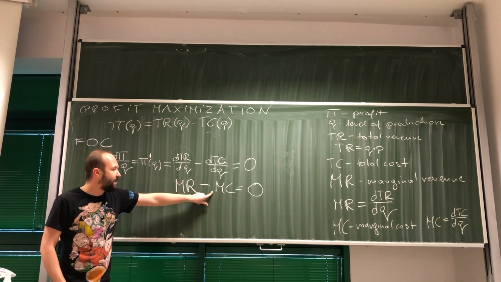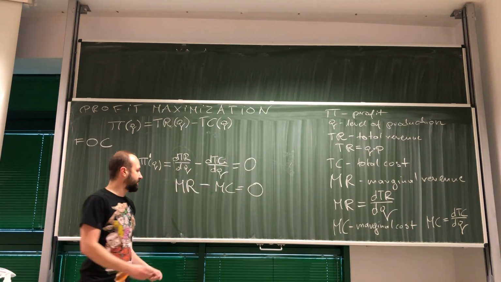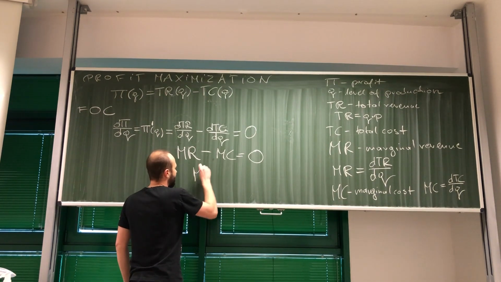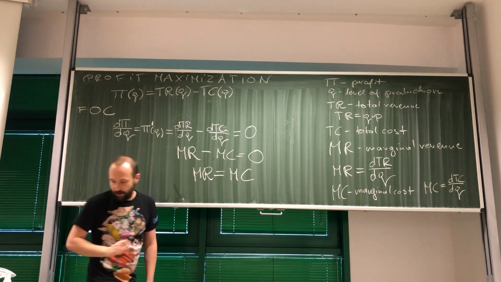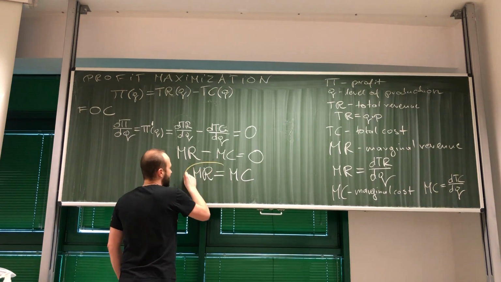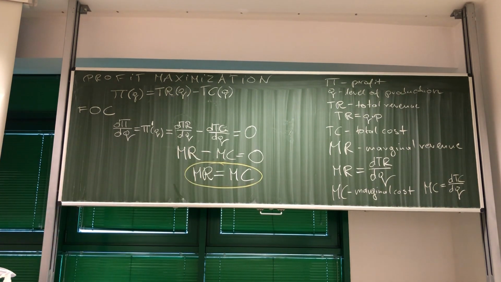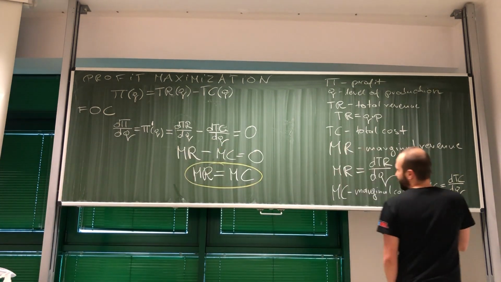And look, if I move this expression to the other hand side of the equation, what I'm getting is the famous marginal revenue equals marginal cost condition. That gives us a level of production for which the company is maximizing the level of profit.